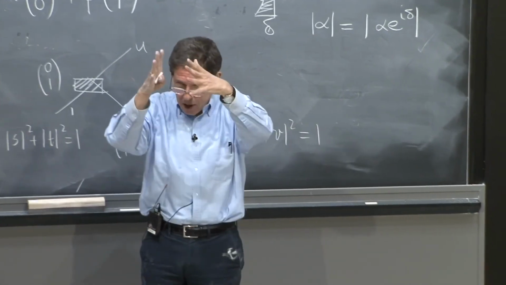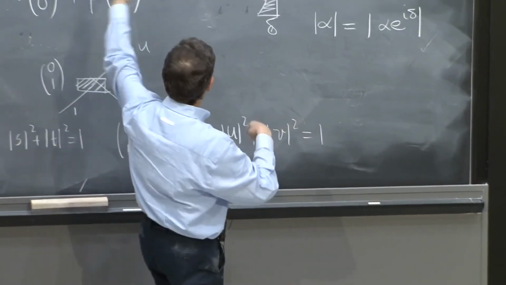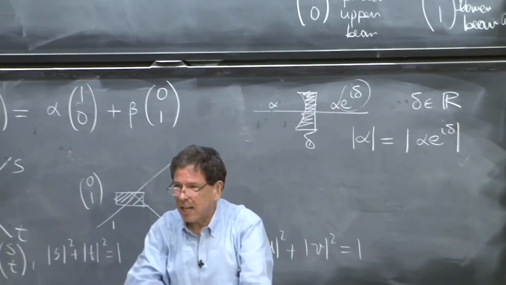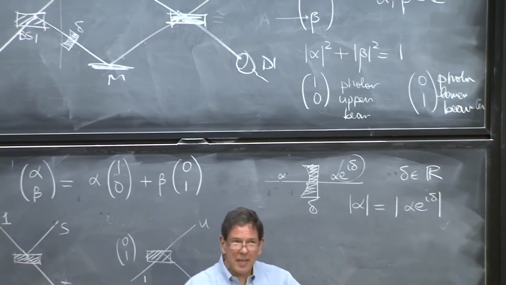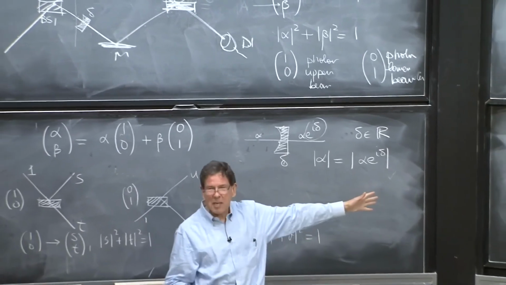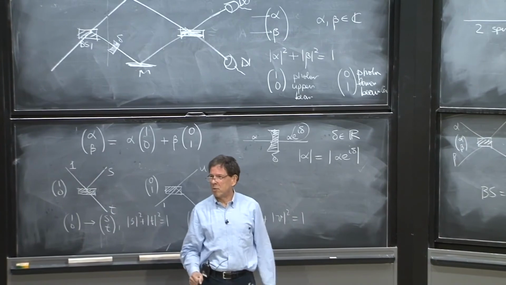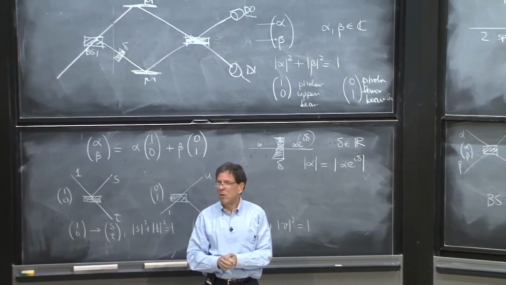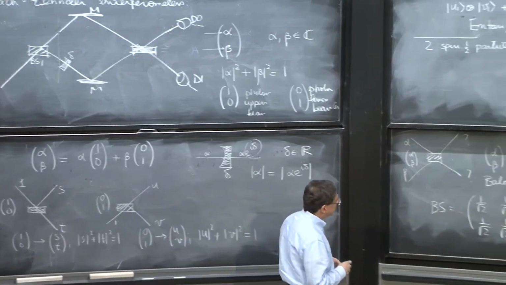If you act on a normalized photon state that satisfies alpha squared plus beta squared equal 1, it should still give you a normalized photon state. And it should do it for any state. And presumably, if you get any numbers that satisfy that, some engineer will be able to build that beam splitter for you because it doesn't contradict any physical principle.